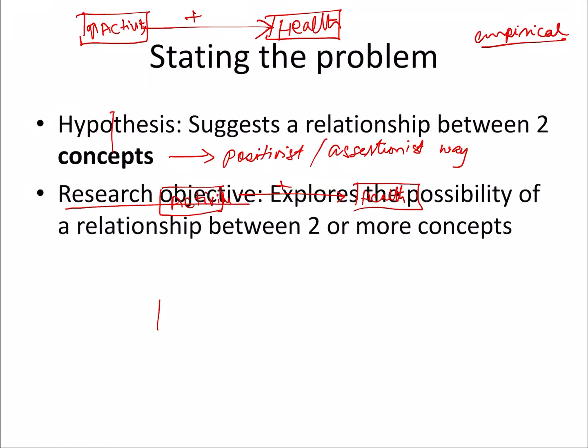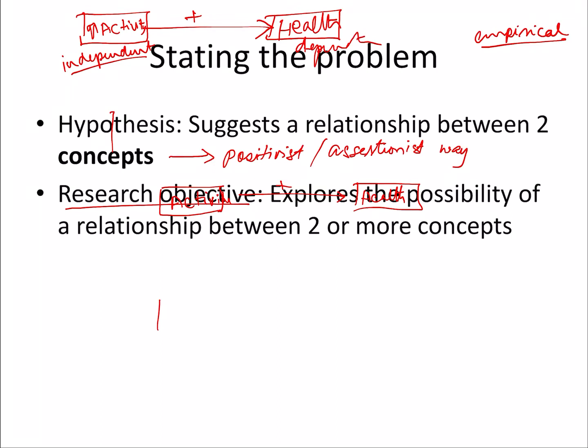At this point in time, your textbook also introduces the idea of independent and dependent variable. The independent variable is the variable that causes the change in the dependent variable, and not the other way around.